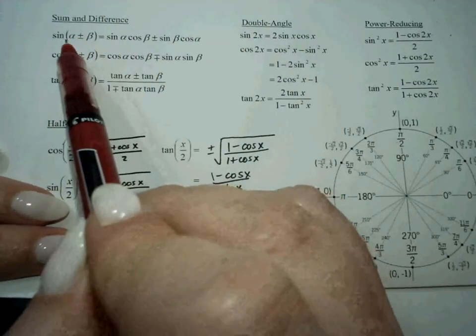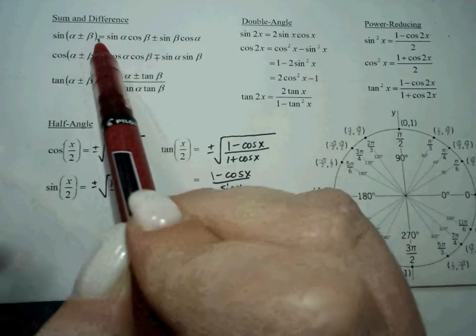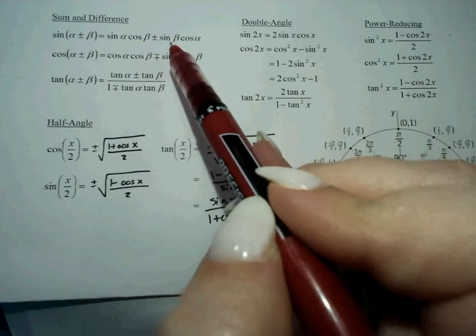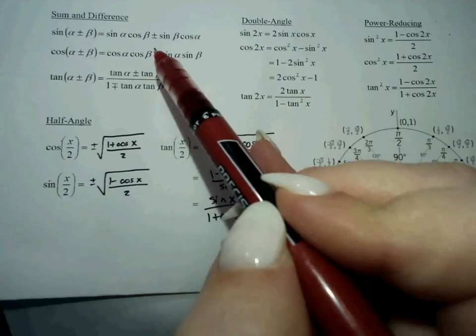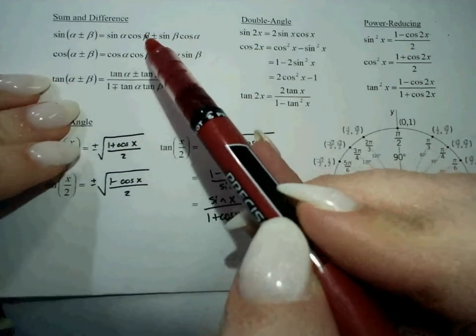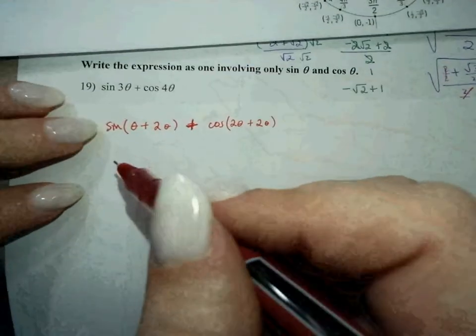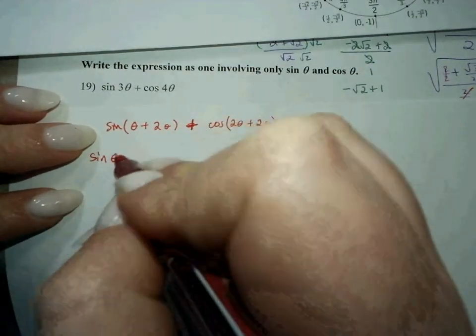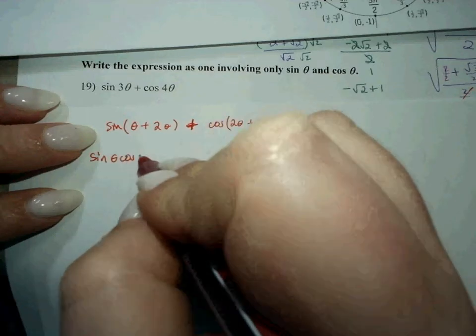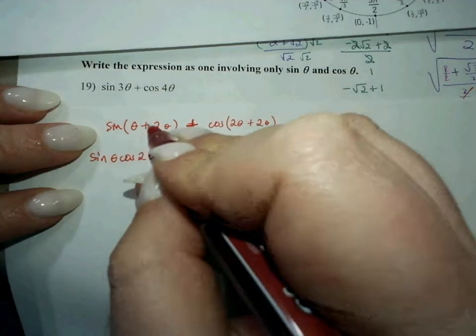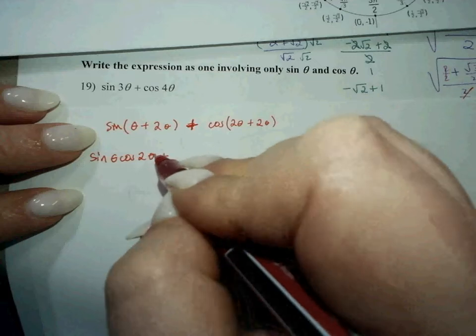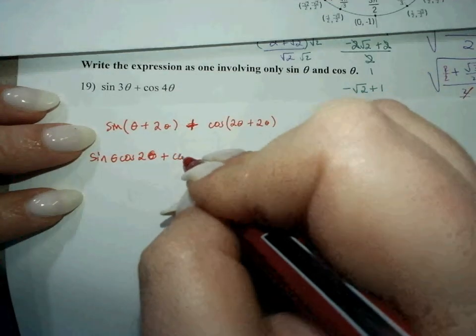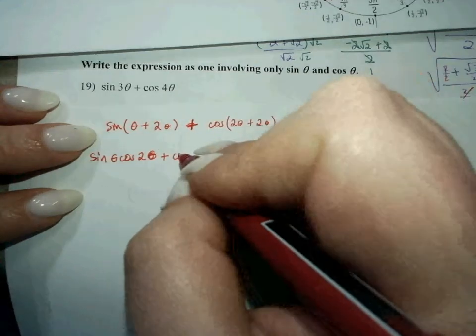So using sum and difference, sine of theta plus 2 theta is sine alpha cosine beta plus or minus sine beta cosine alpha. And my alpha and my beta are theta and 2 theta. Wow, that was a lot. So sine of alpha, theta, times cosine of beta, 2 theta.